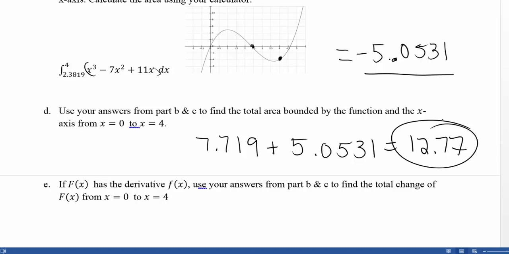We have two ways to do this. We can take our answers from Part B and C and add them together in the form that we got them from our calculator. So 7.719 plus negative 5.0531. When I add those together, I get approximately 2.6659.